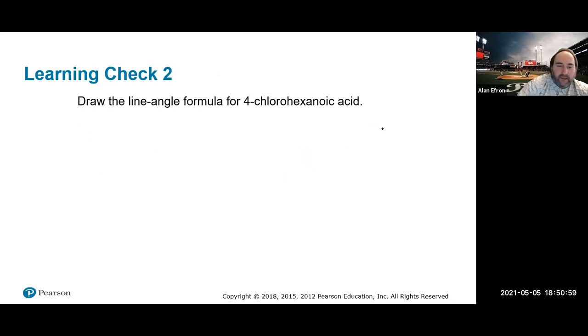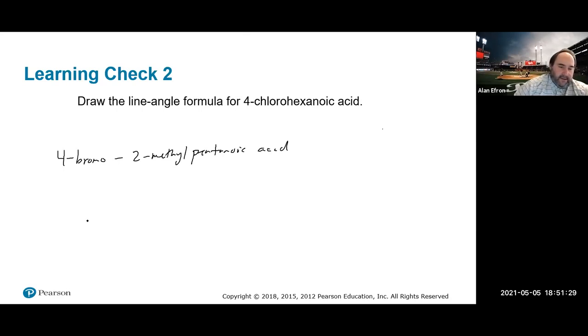Okay, so why don't you draw the structure here? Let me give you another one to draw as well. Why don't we do 4-bromo 2-methyl pentanoic acid.